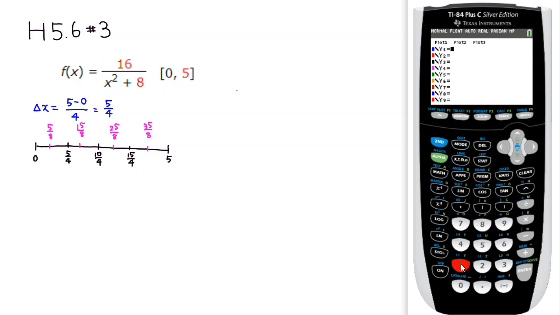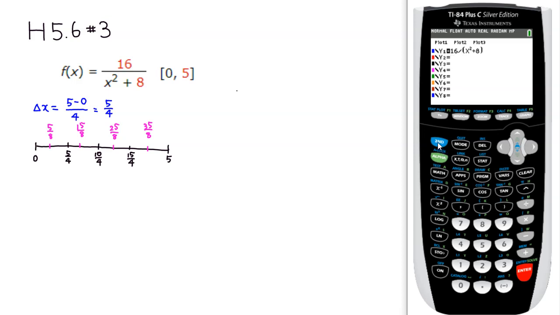So we put 16 divided by, left parenthesis, x, squared, plus 8, then a right parenthesis, and enter. Now the calculator knows what the function is. It's stored as y1.